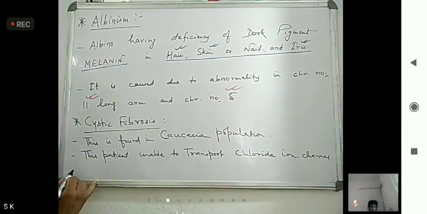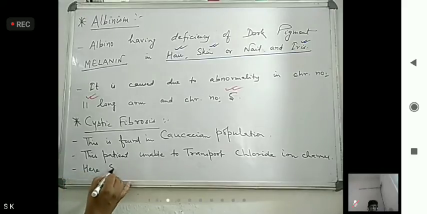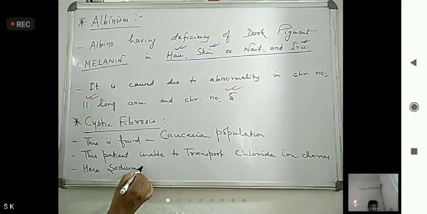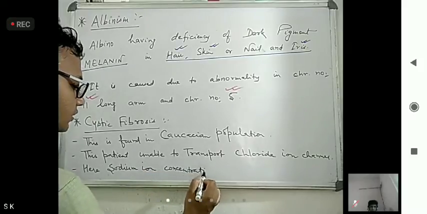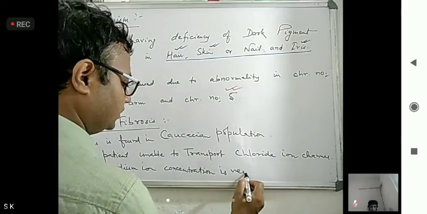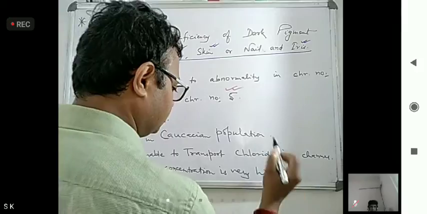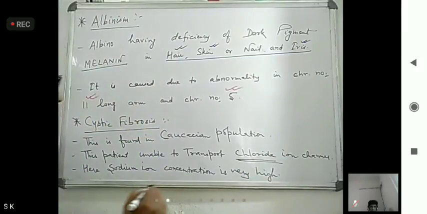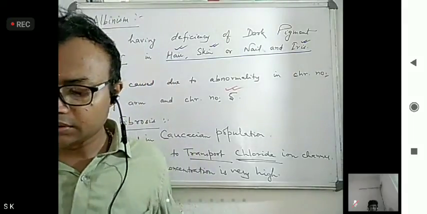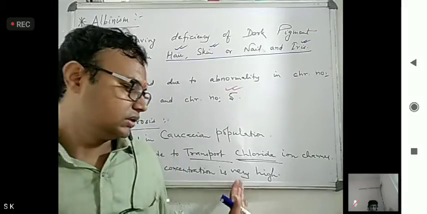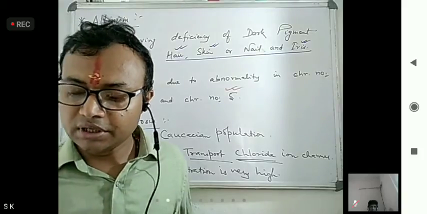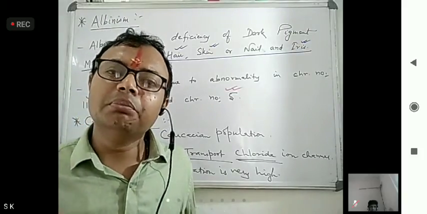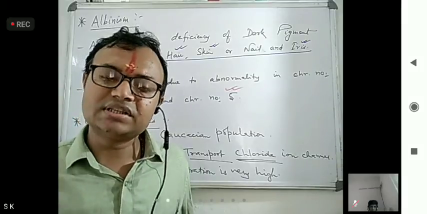So what happens here? Sodium ion concentration is very high. Okay, since there is a problem in chloride ion transportation, sodium ion concentration is in excess, and due to that it causes blockage and secondary infection.